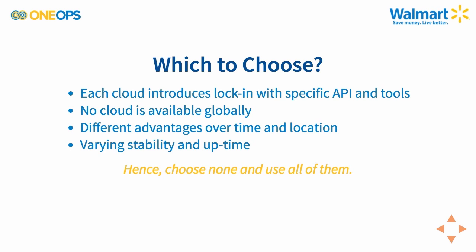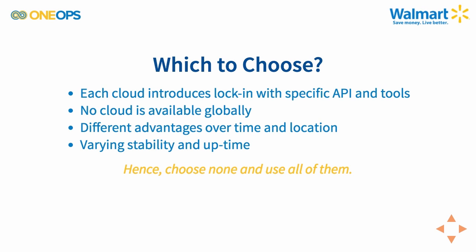Each of these clouds introduces a lock-in in a way. Specific APIs and tools are being used, and migrating from one to another is anything but simple. None of these clouds are available globally either. So if you're a large distributed company that potentially even operates across the globe, you're going to be out of luck and you're going to have to deal with using multiple clouds.